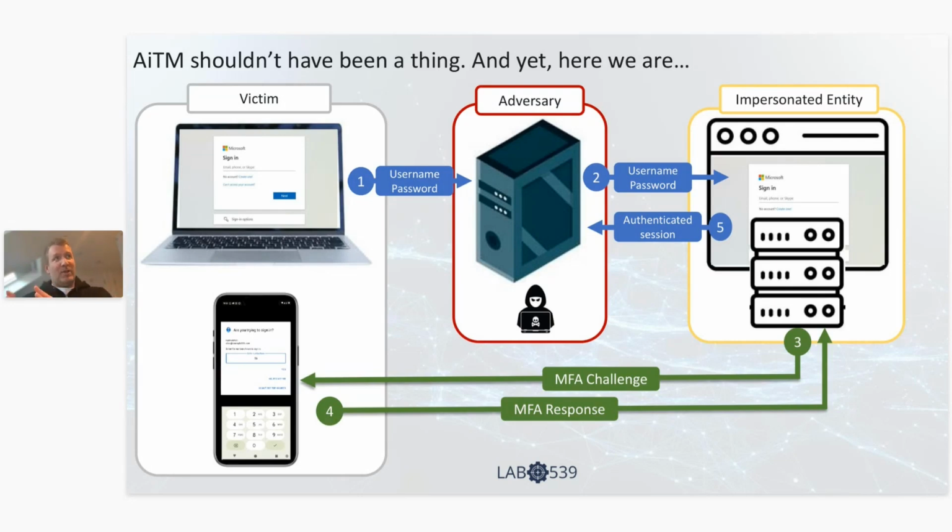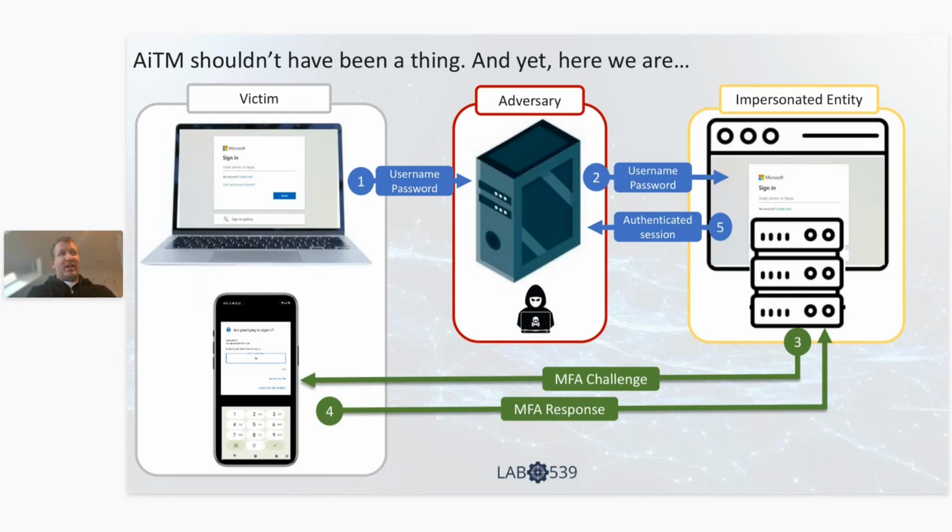So when we've got the victim on the left who's got a nice Microsoft login page that looks authentic, but actually isn't, they've visited that site, they enter their username and password, and that gets proxied, sent to the adversary who sat in the middle.